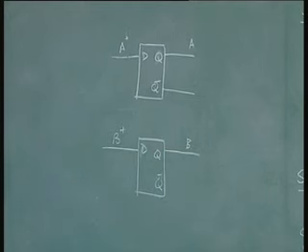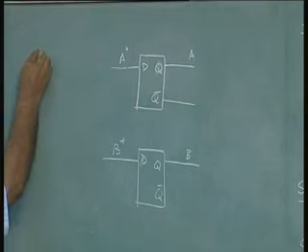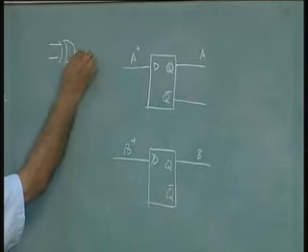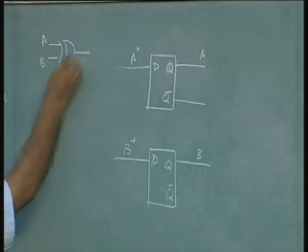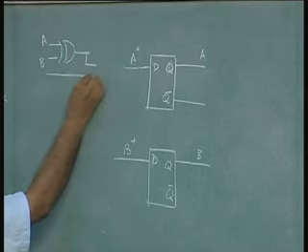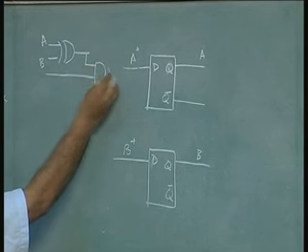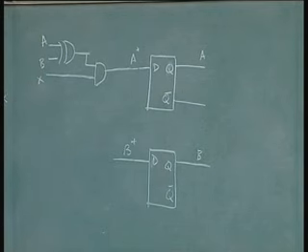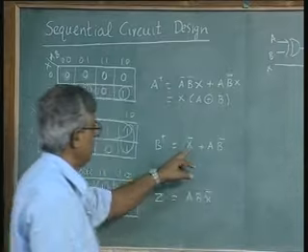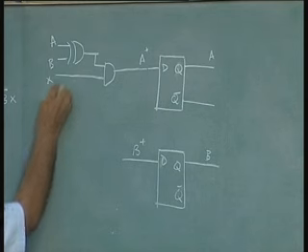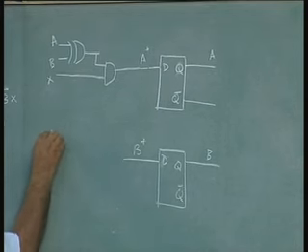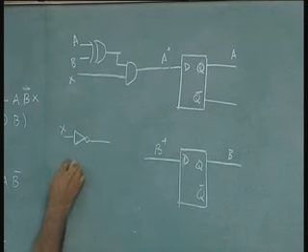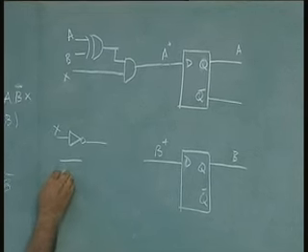A plus is x, that is A exclusive OR B, ANDed with x. B plus is x bar, or A and B bar.